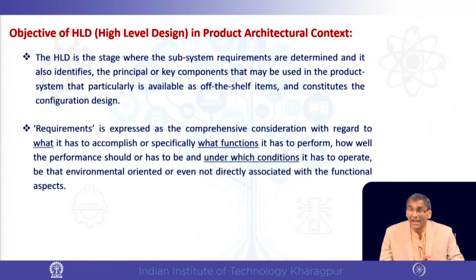Requirements, as we just said, are based on the subsystem requirements and the customer requirements. The requirements are expressed as the comprehensive consideration with regard to what it has to accomplish, what it should do, what it should perform, what the purpose is, and how well the performance has to be.